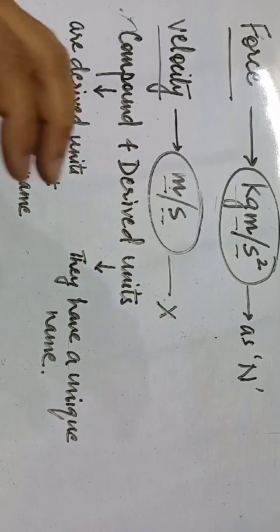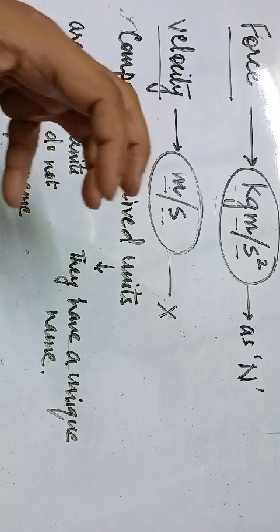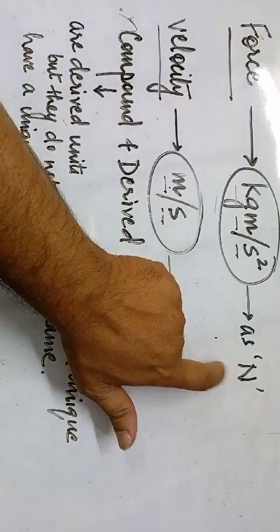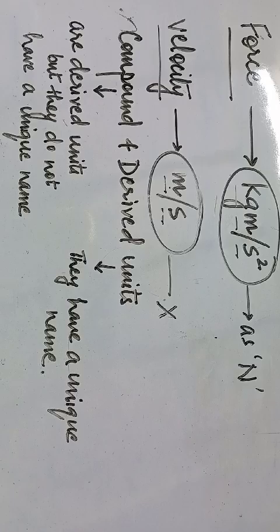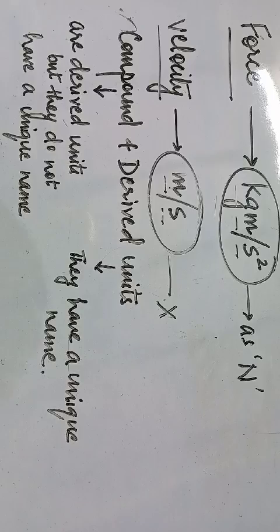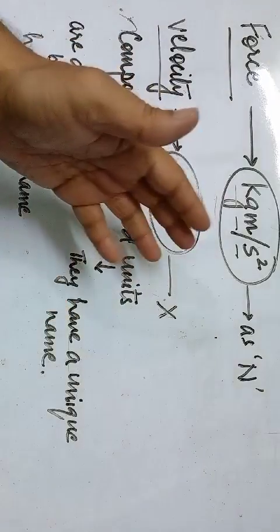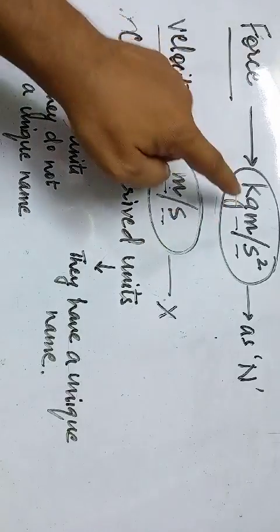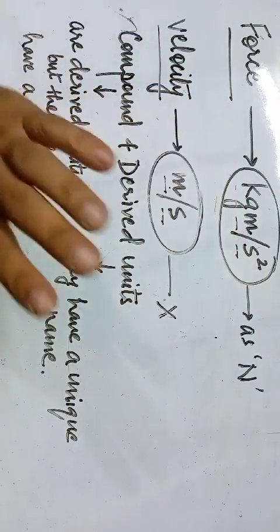Most of the times when you discuss the unit of force, you say that the SI unit of force is Newton. Newton in itself is only a singular word, but the actual unit behind Newton is this, which is a combination of 1, 2, 3 basic units.